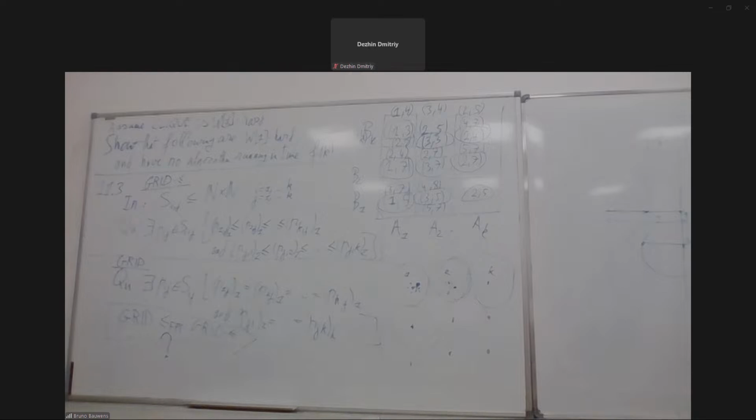So if this is 1, this is like 1 plus epsilon squared. It's proportional to epsilon squared. So if I change here a little bit, then it will still be okay.